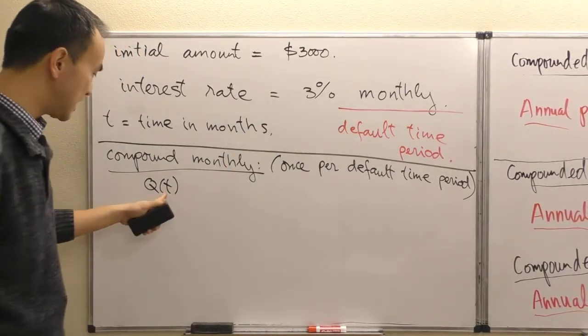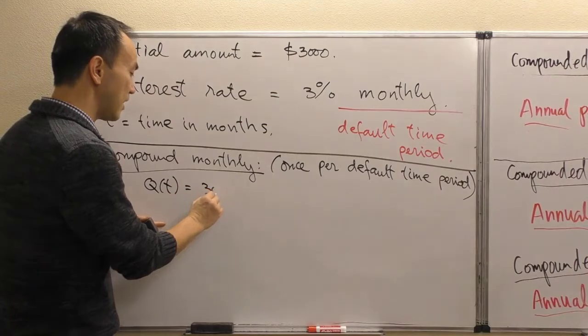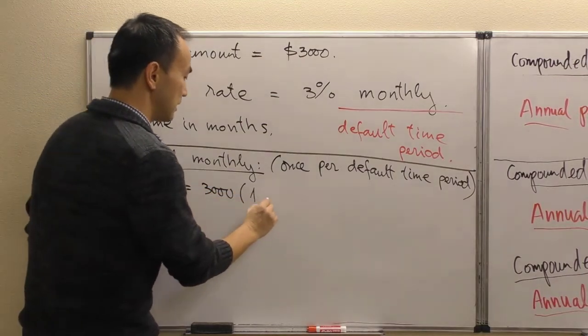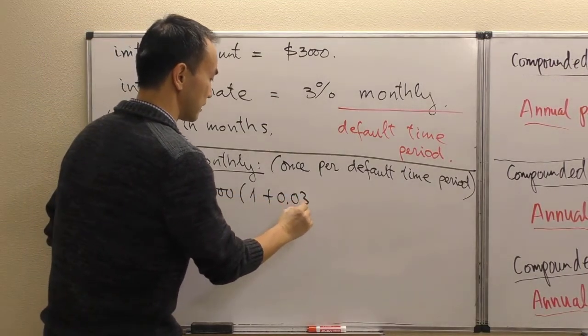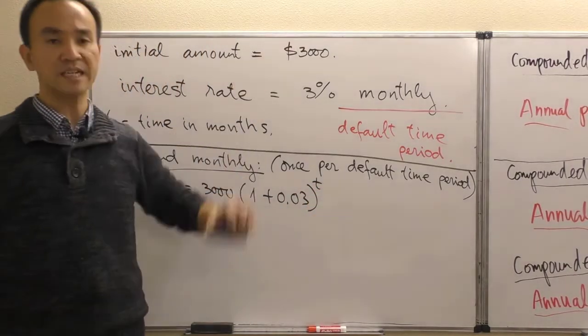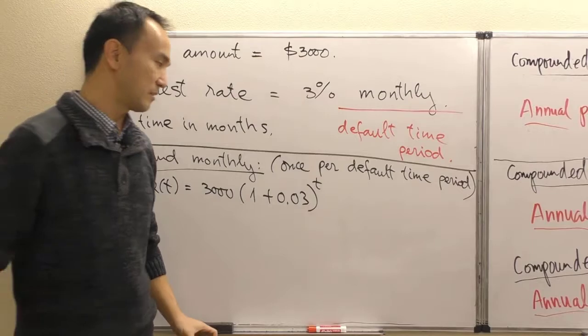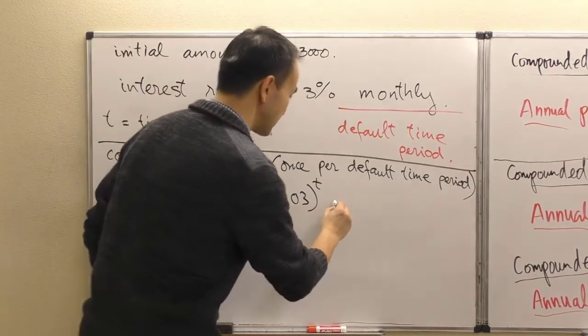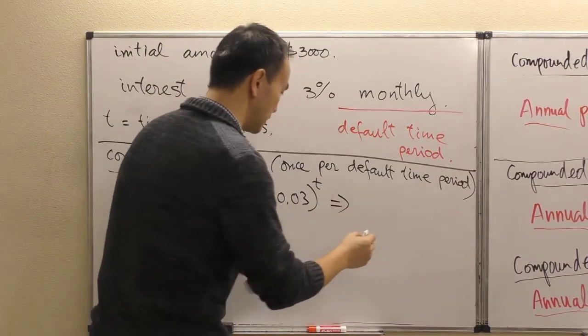Okay, so now in t months, we're looking at 3,000 times 1 plus 0.03, nothing surprising, to the t. So this is just like the problem I brought up on the other board. Now the actual yield right here.